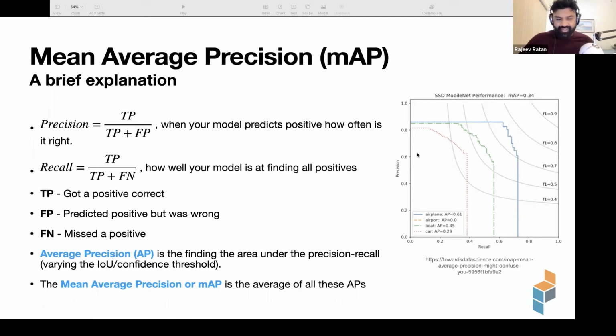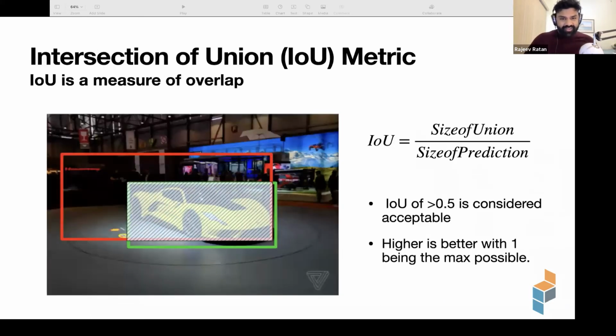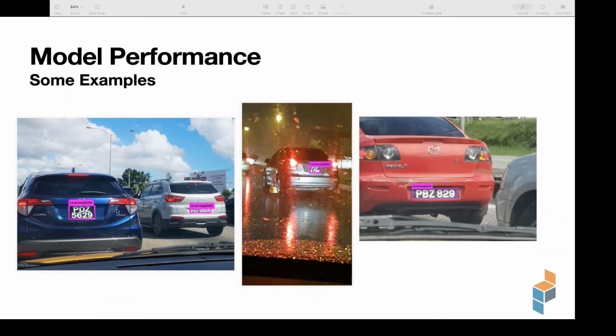So MAP is basically just an average of the average precision at each IOU threshold point. So that's how we measure the mean average precision, and that's how you assess object detectors. So we got 89% there, which is quite good, like I said. So these are some examples of our model performance in the real world. These are all in the test image data set, so it wasn't trained on these images.